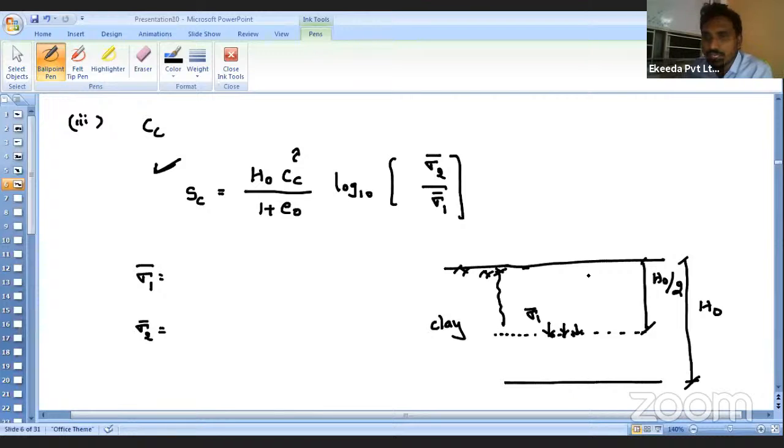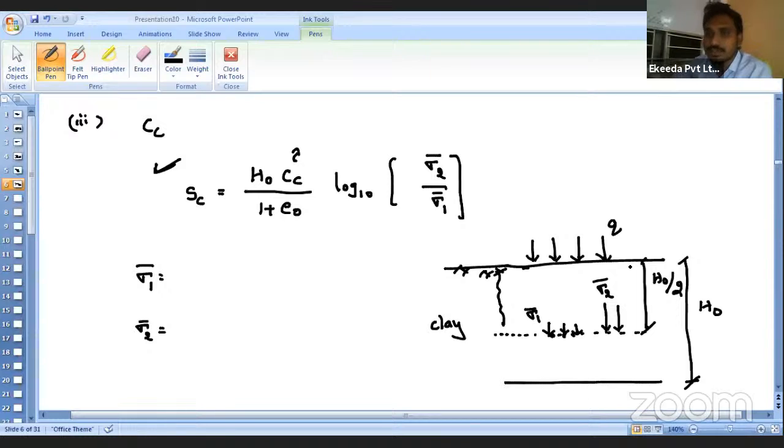If you construct a foundation or keep some external loading on the natural deposit, the stress at the center of the clay layer because of this is represented by sigma 2 bar. So before the construction of the foundation, and after the construction of the foundation, what about the effective stress present at that point, because of the soil above it?